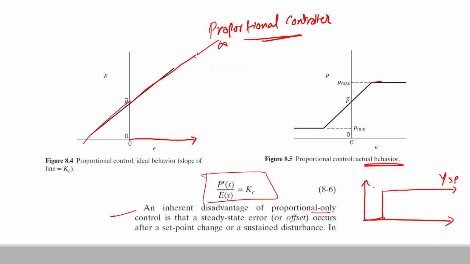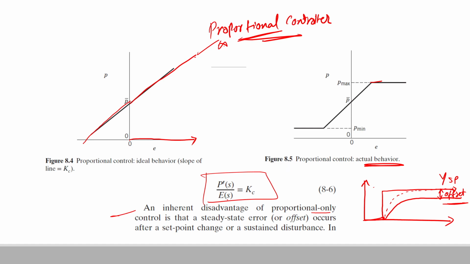If this was a perfect system, ideally the set point should be reached if we are using an ideal controller. But in case of a proportional controller, this set point won't ever be reached. So what we will physically observe is a constant offset after the steady state has been reached. This can't be minimized using the proportional controller.